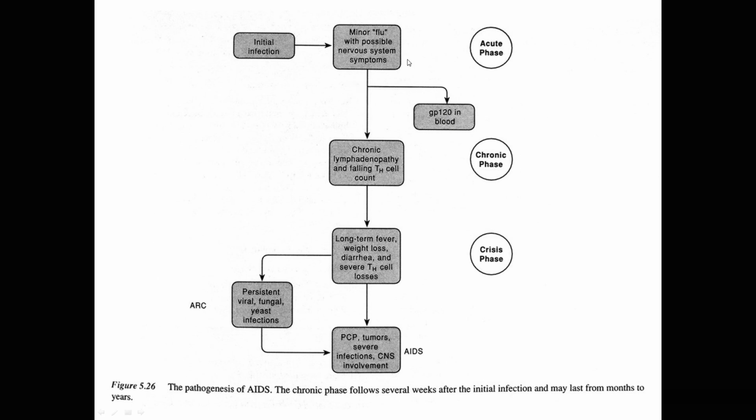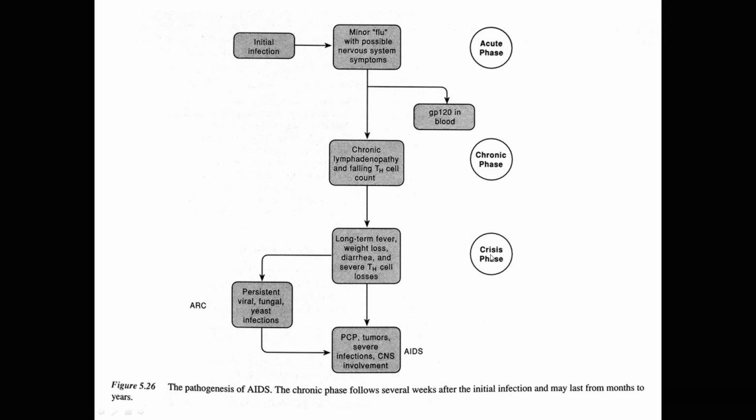In the acute phase, just a minor flu-like picture with possible CNS signs is present. Later it will progress to the chronic phase to include the lymph system, lymphadenopathy with failure of the Th cell count because of the progressive destruction of Th cells and generation of variant particles.